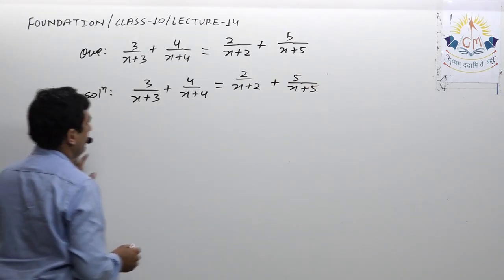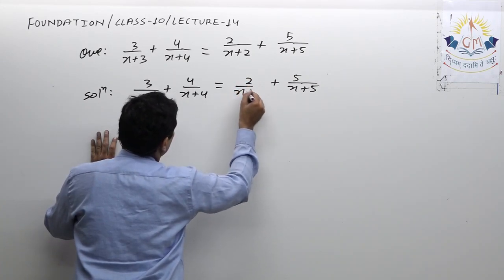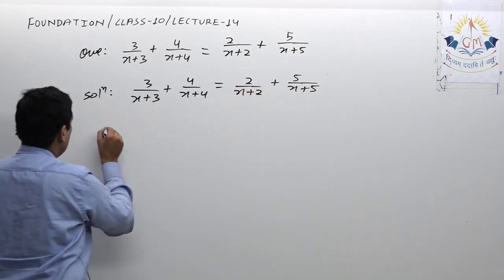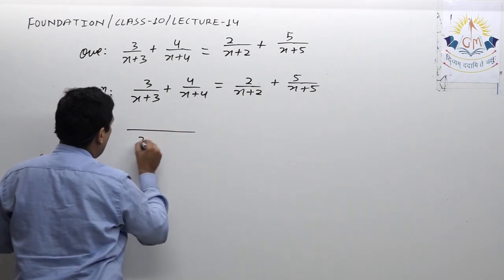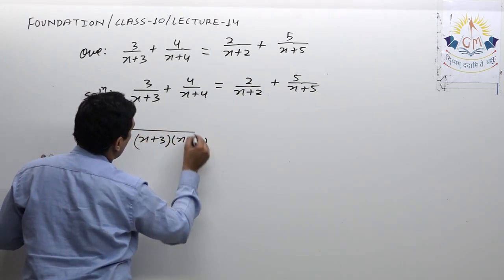Okay, so we'll start by taking the LCM. So over here the LCM is x plus 3 into x plus 4.